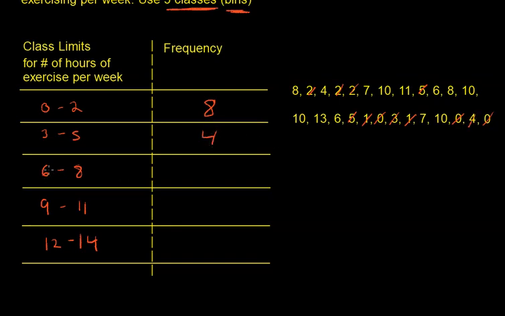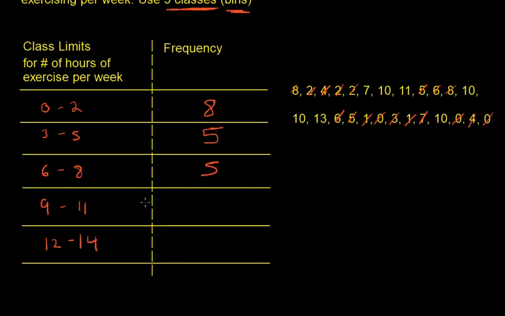How many observations between 6 and 8? 1, 2, 3, 4, 5. Let's see, I didn't cross that one out, so that should have been here, so that 4 should really be a 5. All right, that 4 should have been a 5, because I missed this 4 here.